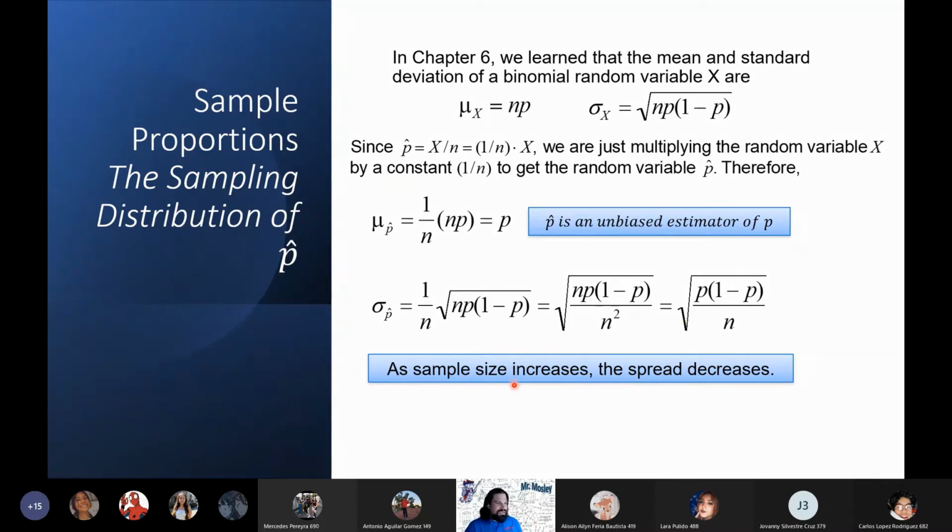As sample size increases, the spread decreases. So this is just explaining how we come up with the two formulas that we will formalize on the next slide for the sampling distribution of p hat, or sample proportions.